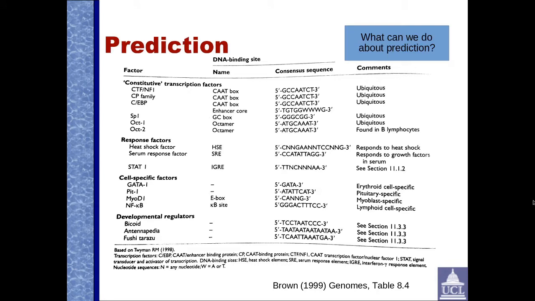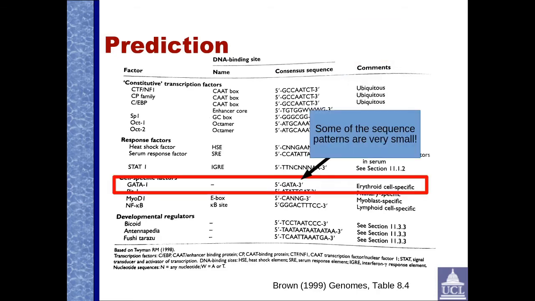So what can we do about prediction? Now, when we look at these, we have a consensus sequence, but of course it is only a consensus. That doesn't mean that we always have exact matches to these sequences. Some of the sequence patterns indeed are incredibly small, so GATA1 binds to the sequence GATA.